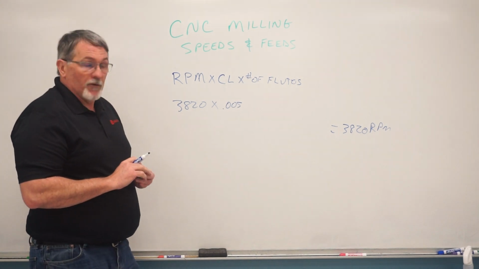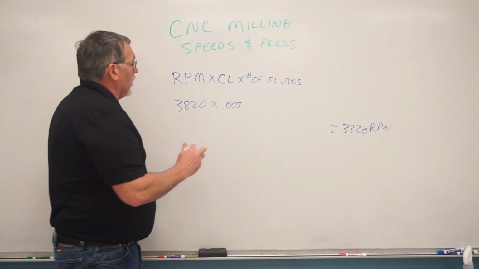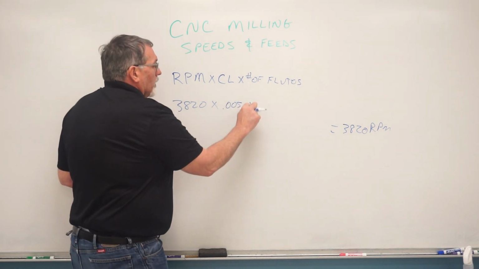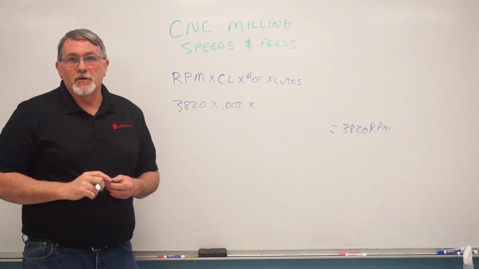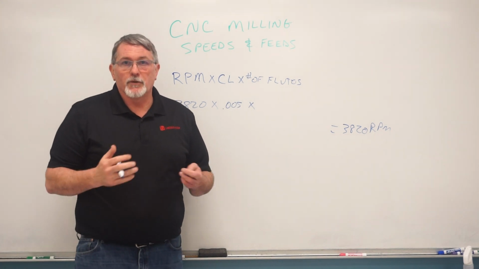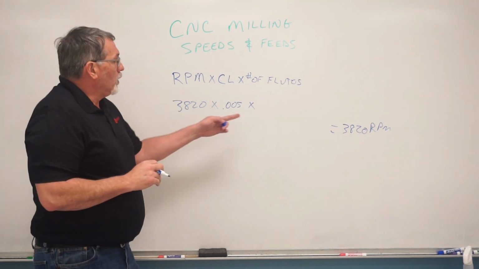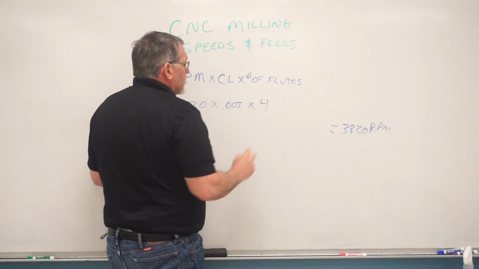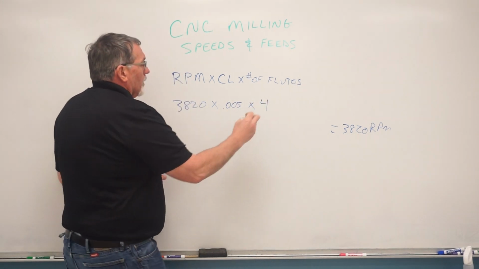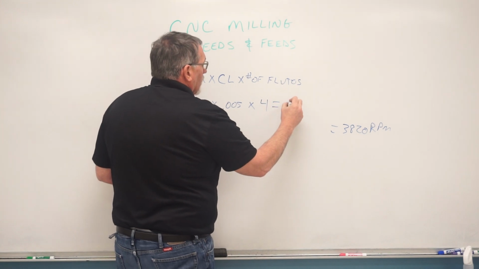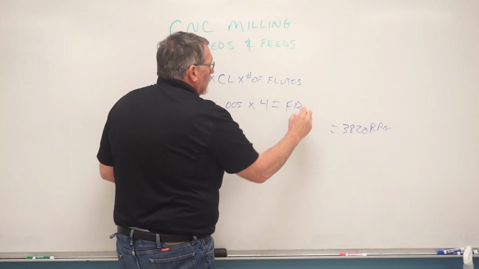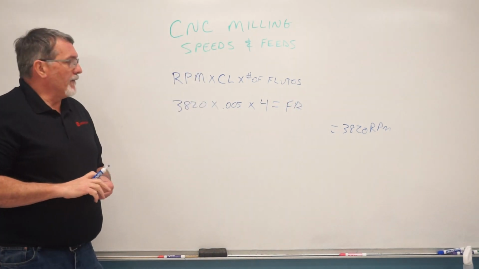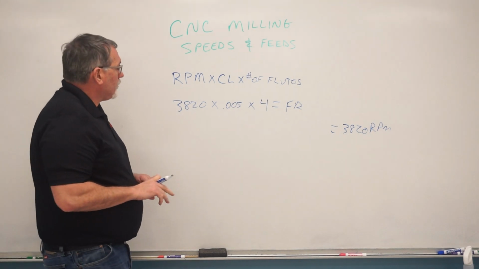So just to start out for this example, we use a 5 thousandths chip load, and then multiply by the number of flutes. Do we have a 2 flute cutter, 3, 4 flute cutter? You put that number of flutes in here. Let's say we're going to use a 4 flute end mill. That equals our feed rate, and that feed rate will be in inches per minute.